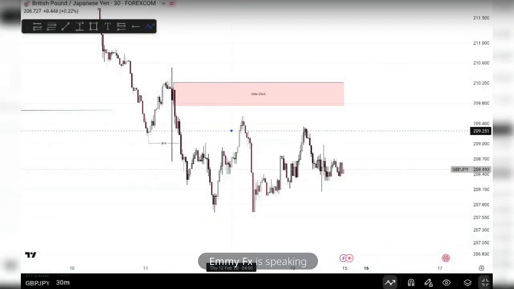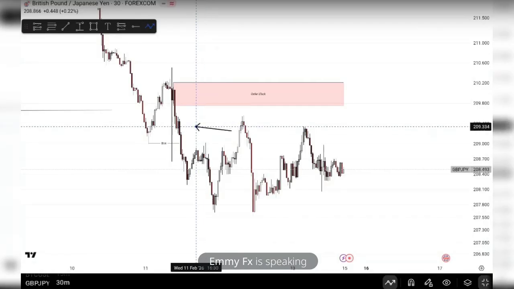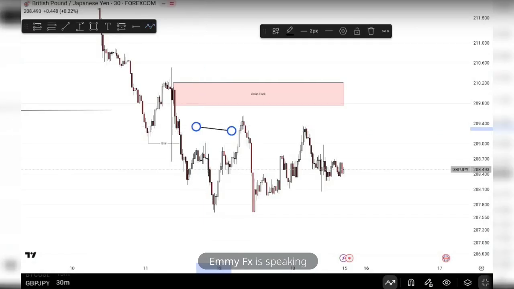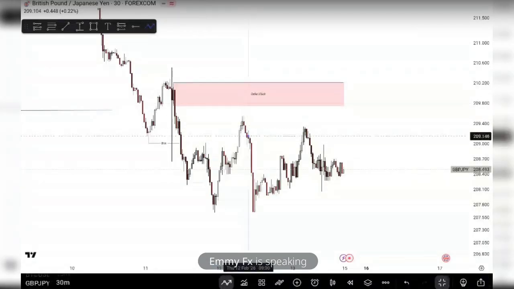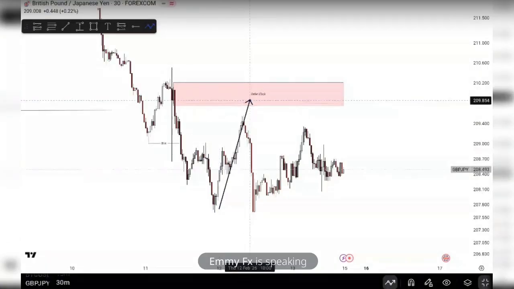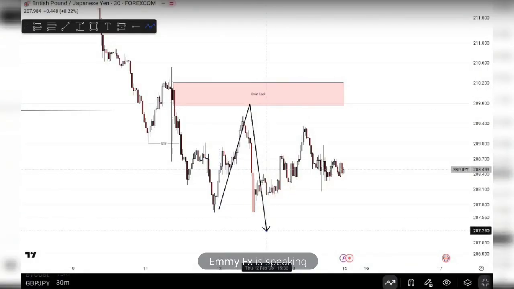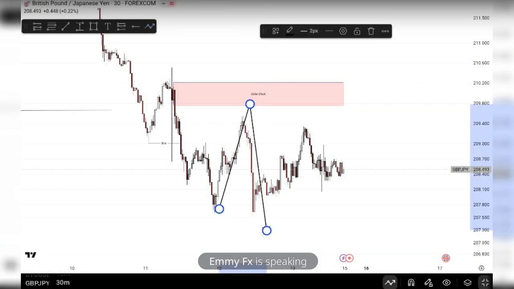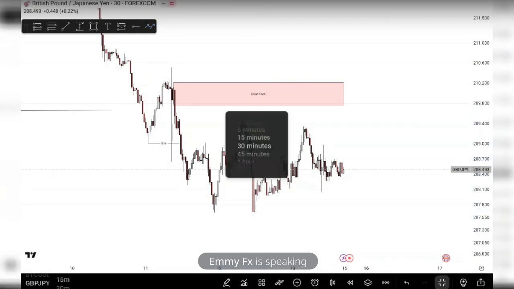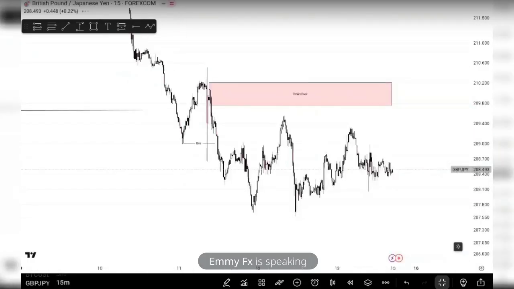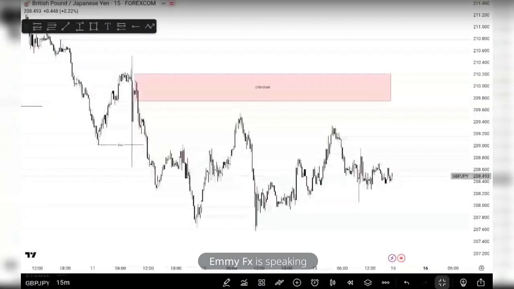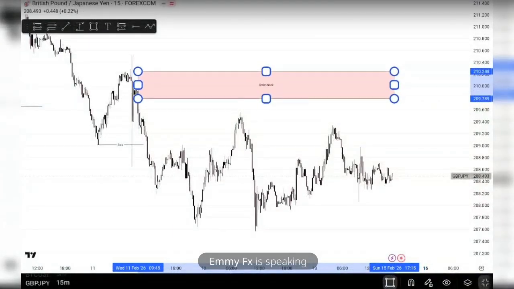We supposed price to react from this OB to give us a move to the downside, but price did not react on that order block. So I want us to move to our 15-minute time frame, which is our entry time frame. Price also did not react from that OB.